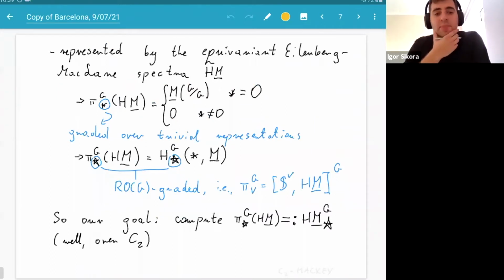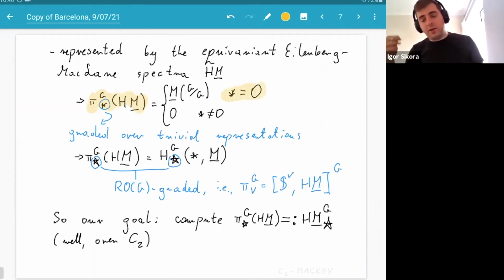So coming back to Bredon homology, it is represented by the equivariant Eilenberg-MacLane spectra HM. And these spectra are defined by the property that their Z-graded G-equivariant homotopy groups are concentrated in degree 0.